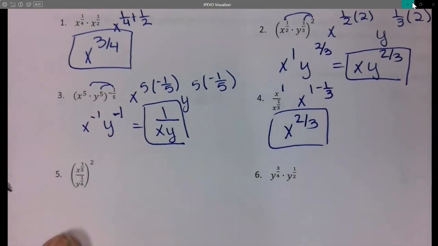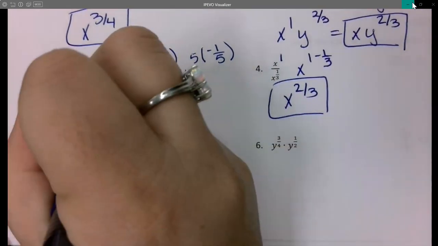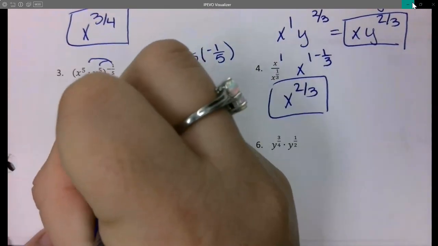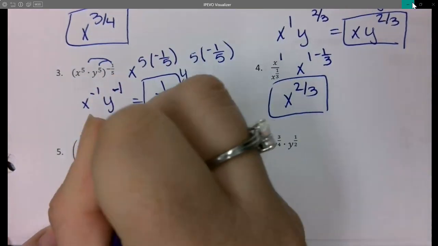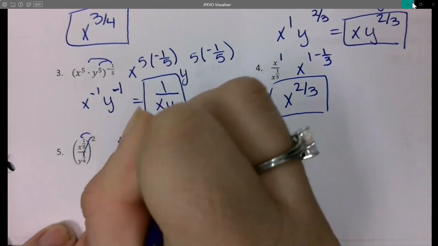On number 5, I want to go ahead and distribute my exponent because they're two different bases. So I'm going to have x to the 1/3 times 2 over y to the 1/4 times 2.